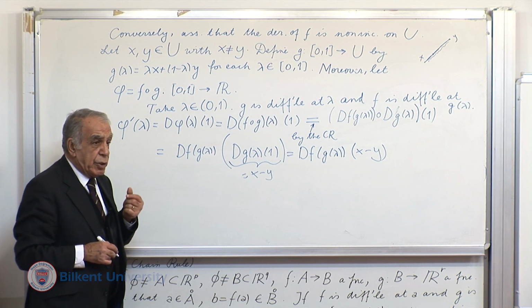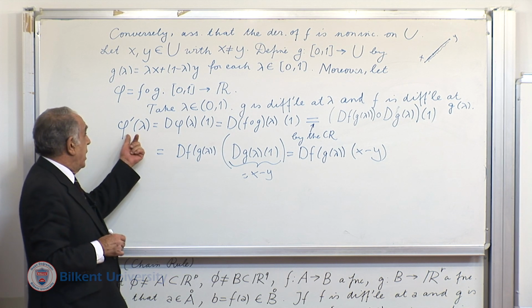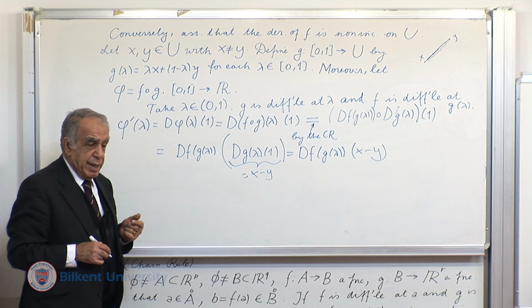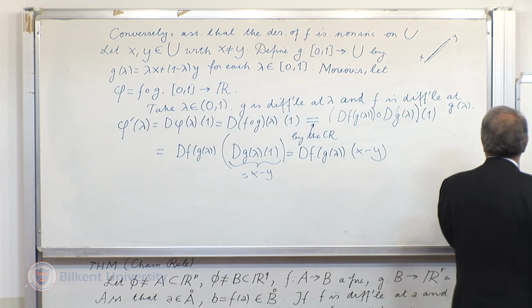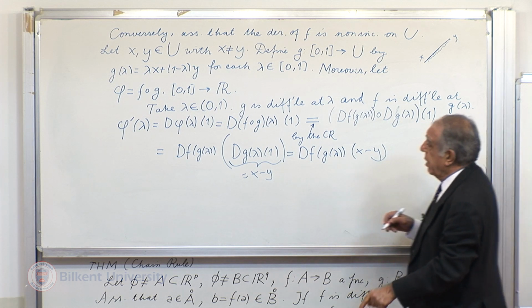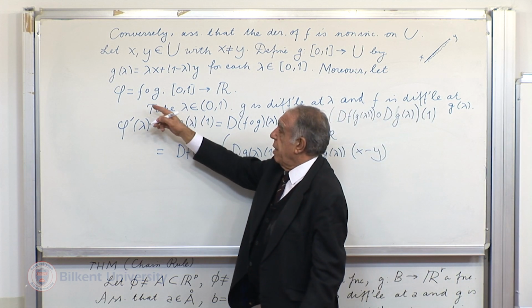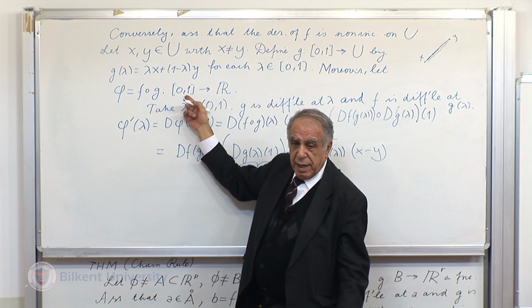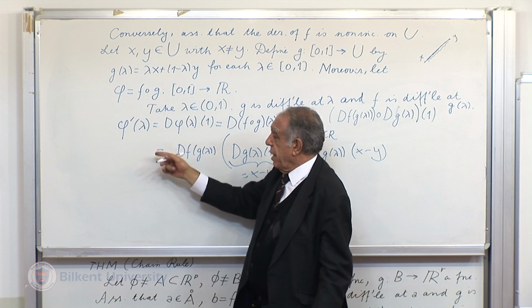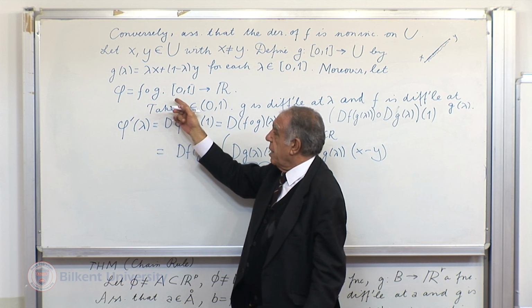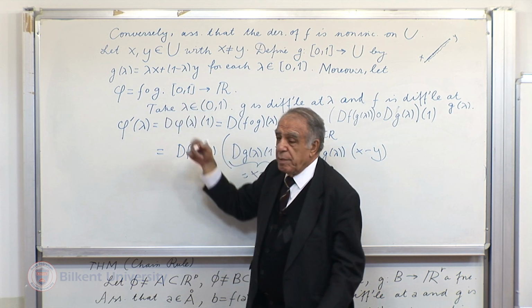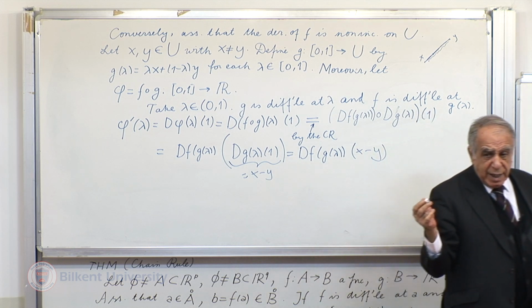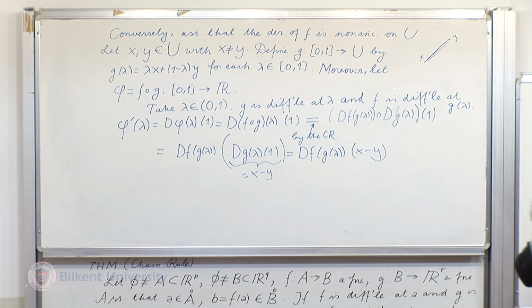Now what we wish to show is that this phi prime is non-increasing on the interval 0, 1, on the domain of definition of phi. If this derivative, which exists, is non-increasing here, then this will mean that phi is concave as a real valued function of a real variable.